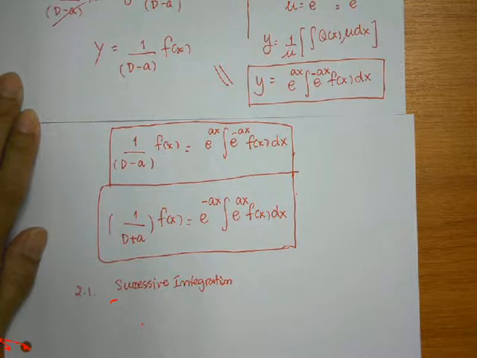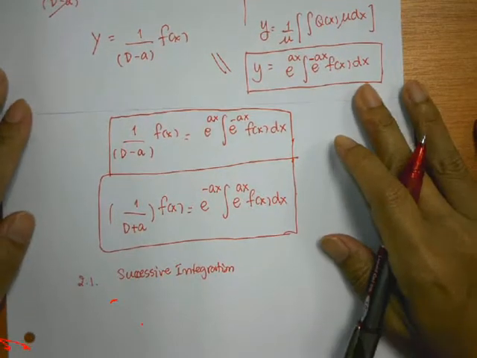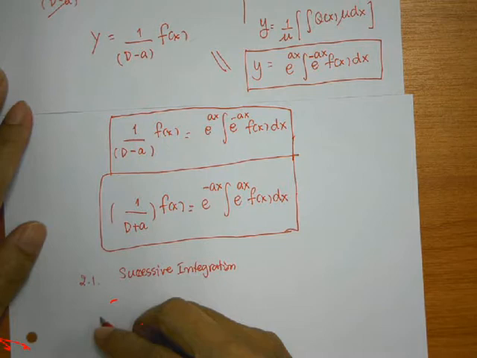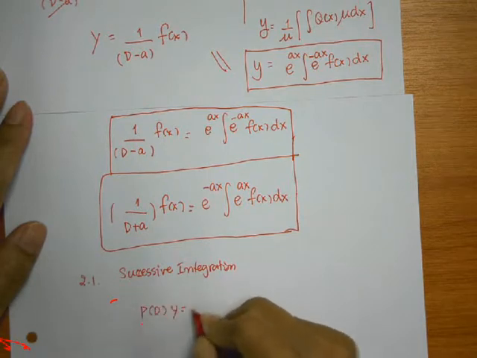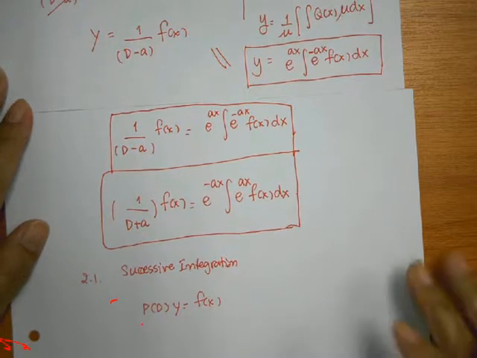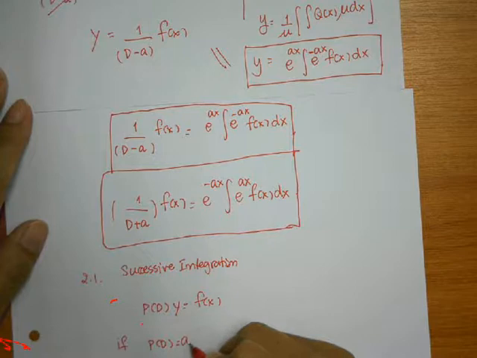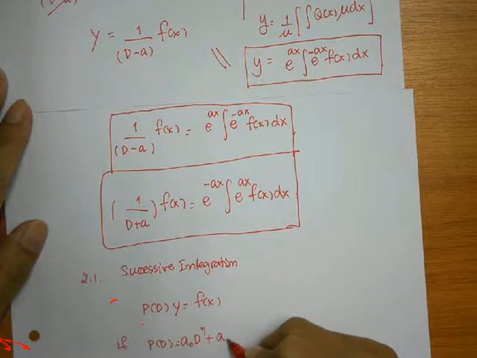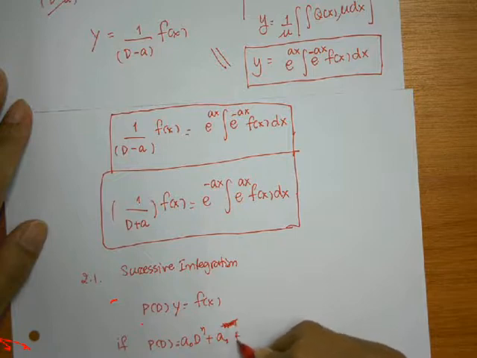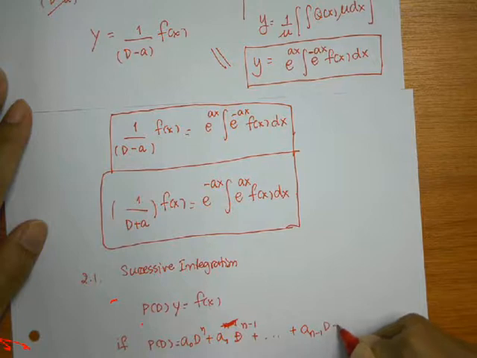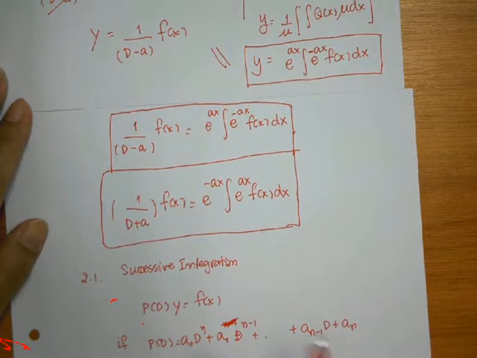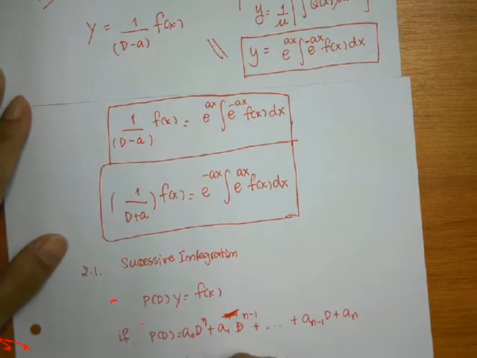This is saying that if we want to use successive integration, you got to write down your differential equation in the term of P(D) y is equal to f(x). And then P(D), which is equal to A0, A1, I'm sorry, and then your P(D) can be written down in this term.